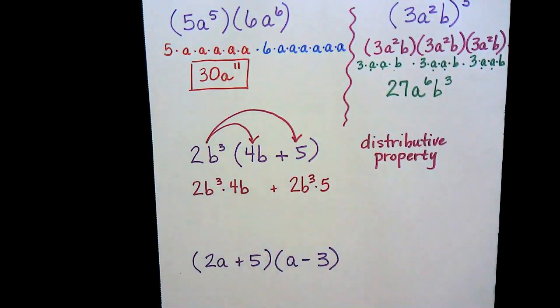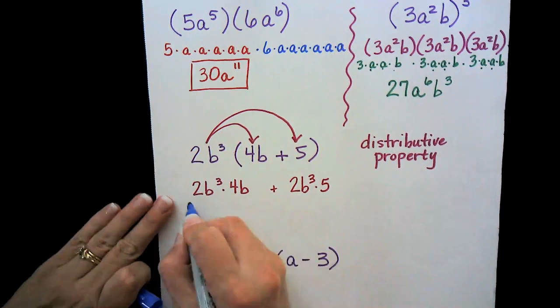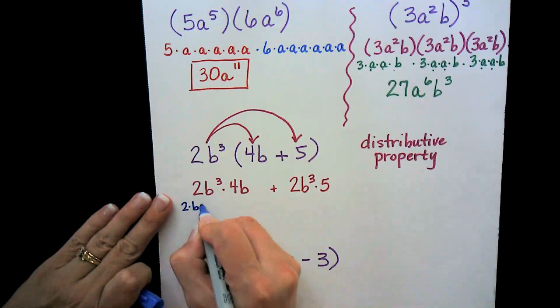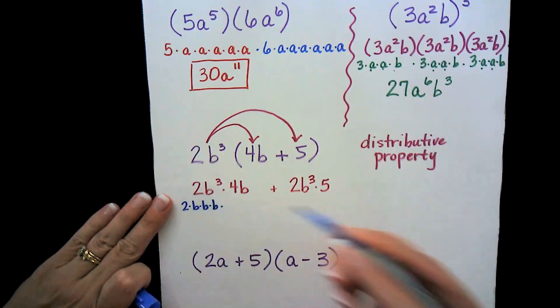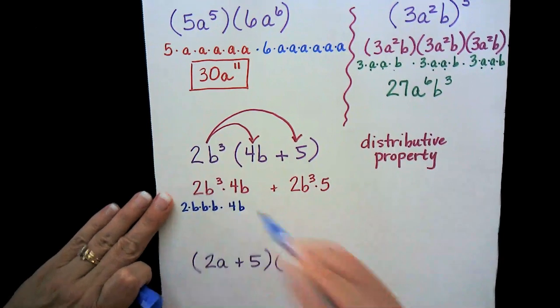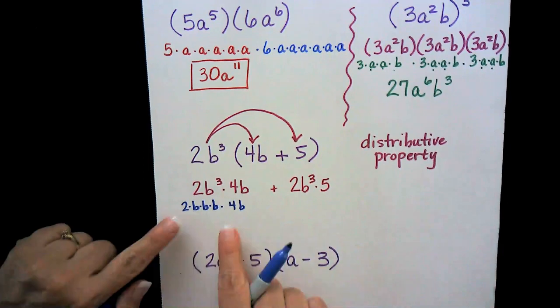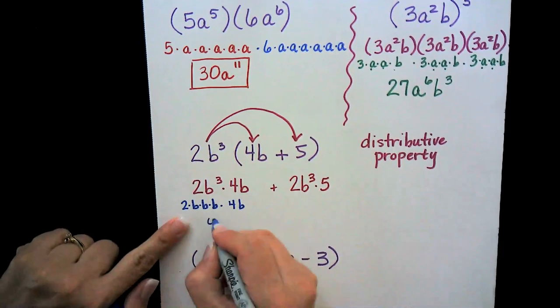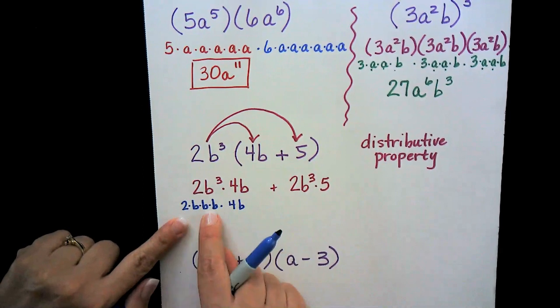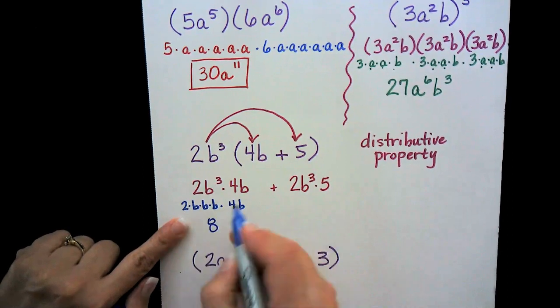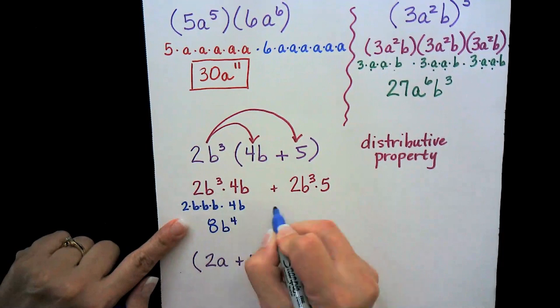Okay, let's think about what that multiplication looks like. So 2b to the third means 2 times b times itself 3 times the 4b. So 2 times 4 gives me 8. B times b times b times b, that's 4 b's. So I get b to the 4th.